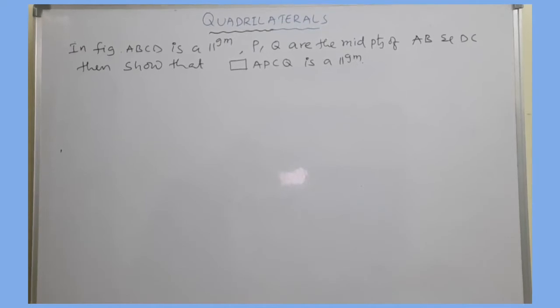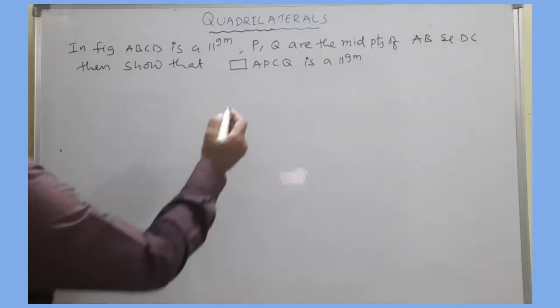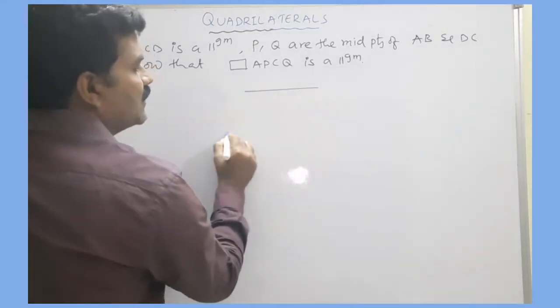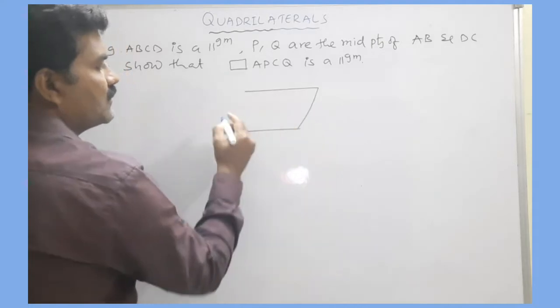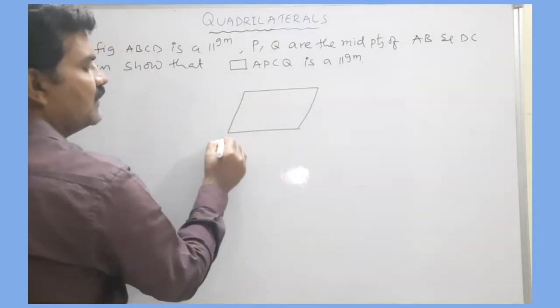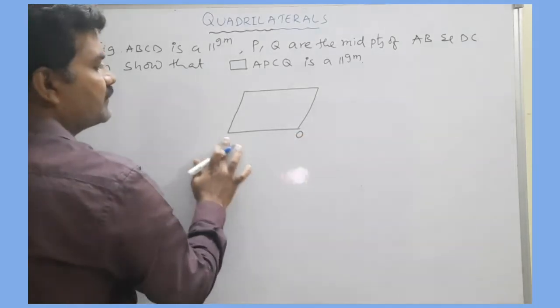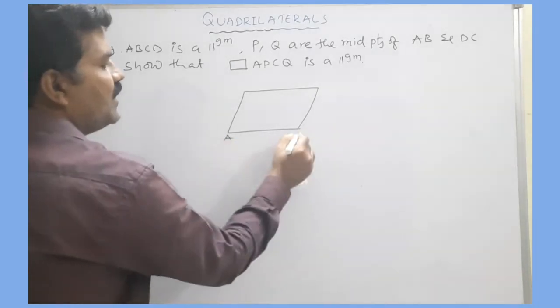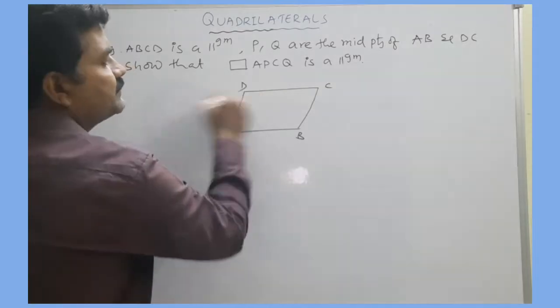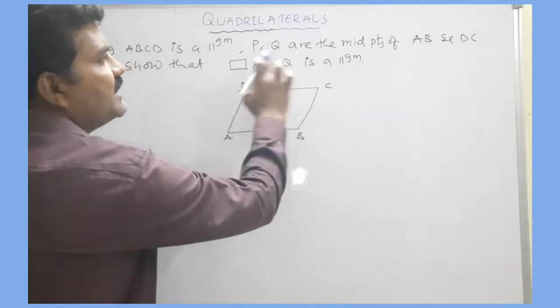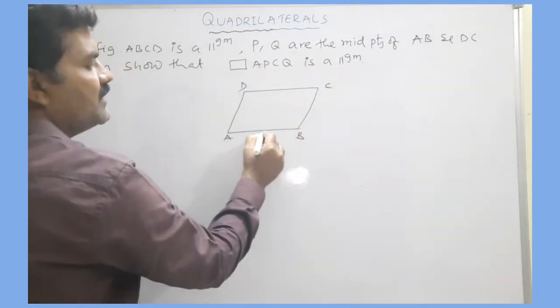So in parallelogram ABCD, given that P and Q are the midpoints of the sides. So let it be the parallelogram ABCD. What is given here? P is the midpoint of AB.